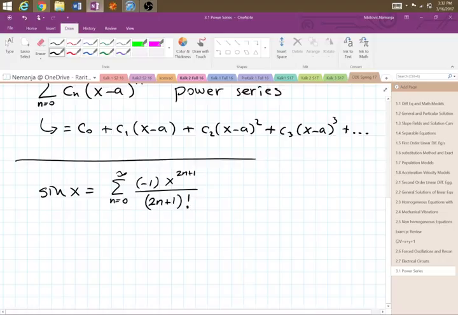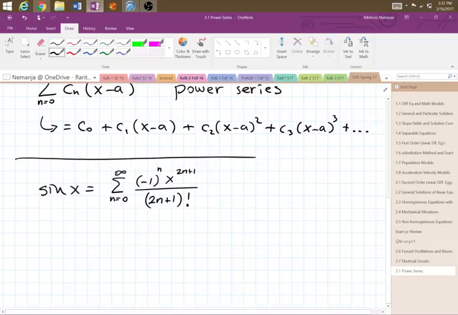So this is a power series representation, negative 1 to the n. There we go, it's the oscillator. So this is the power series representation for sine.